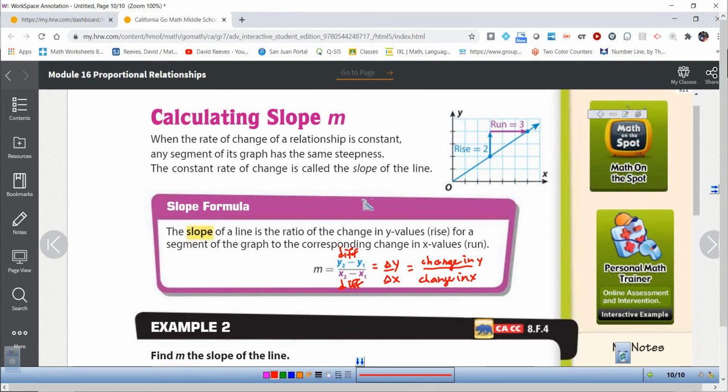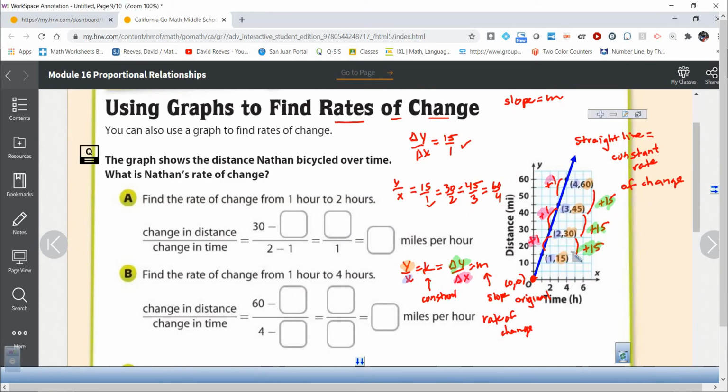By the way, let me go back here to this one. We were doing one to the next, right? What you can know about slope, another exciting thing, is what if I went from the first one to the last one? And I said, well, what's the difference there? If I did 60 minus 15, what do I get? I get 45. If I did that same difference there, 4 minus 1, what do I get?